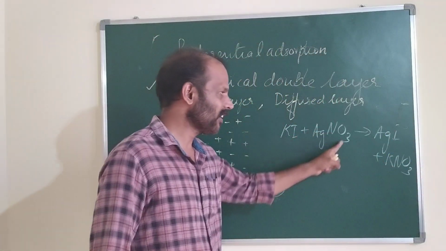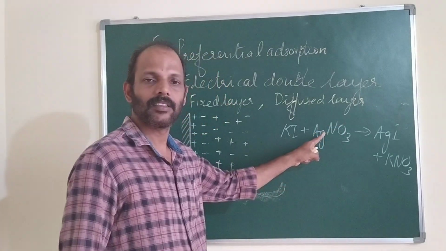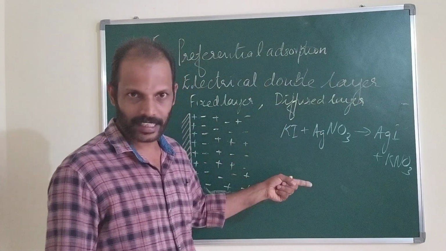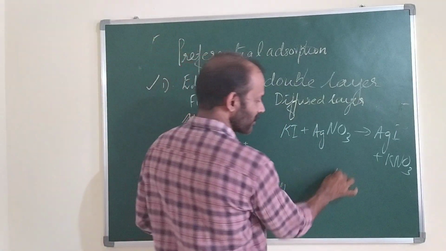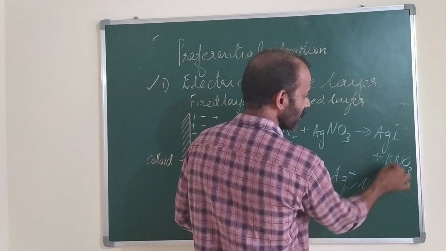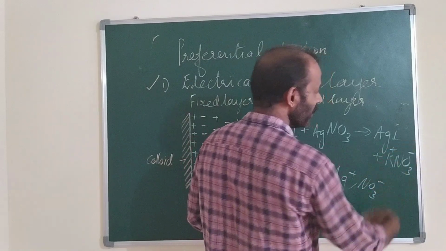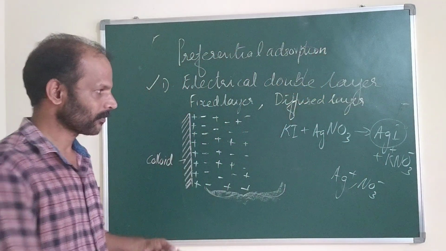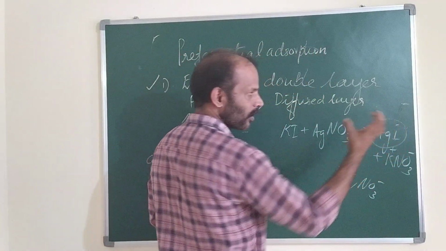Some of the silver nitrate molecules remain unreacted, so it is present as Ag plus and NO3 minus. Silver iodide is our colloid, and it does not undergo dissociation.